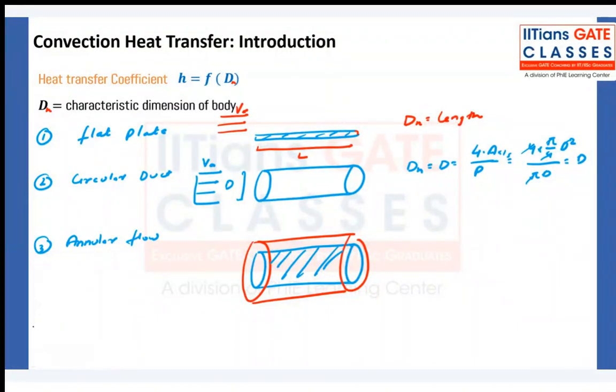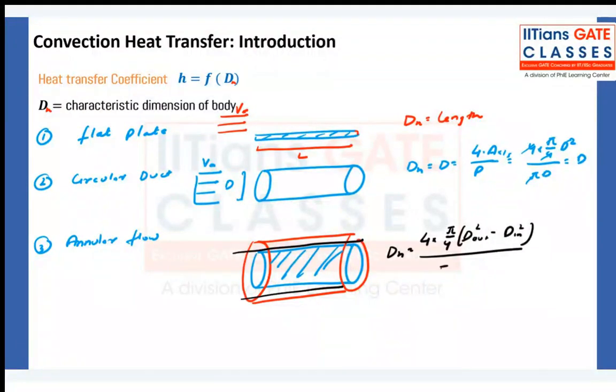Yeah, the gap between two pipes. Yes. So here DH will be equal to 4 times area, which is pi by 4 d out square minus d in square, by wetted perimeter, and this is pi d out plus d in. So what are you left with? D out, yes, minus d in. Very nice. Very nice, Sean.